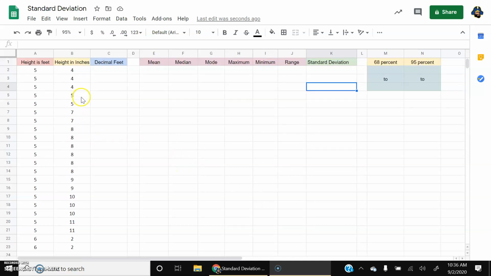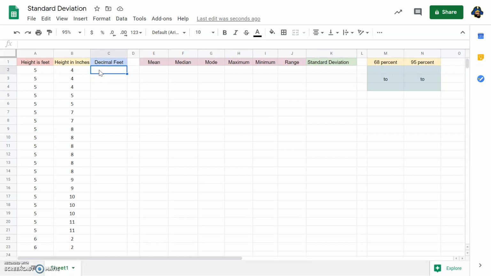So right here, I have some data from last semester on people's height that we measured in class, and we measured it in feet and inches. First, we need to convert it to decimal feet. So we're going to put in a custom function to do a conversion. You remember when we convert units, we have given times desired over given.